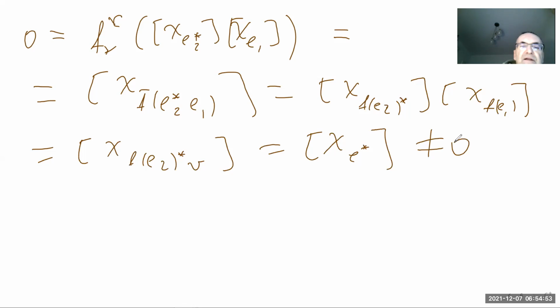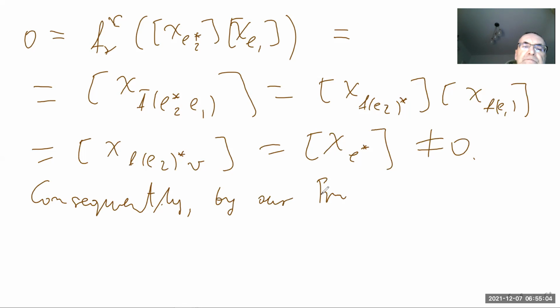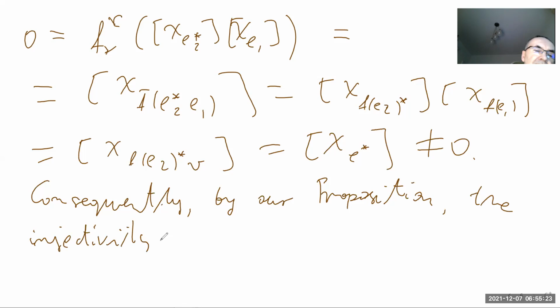So consequently, our proposition, we conclude that the injectivity on edges does not imply M. Because if it did, this F star C would be well defined.